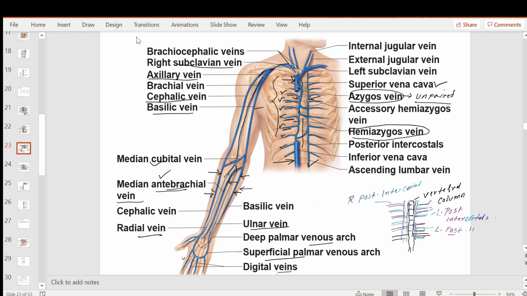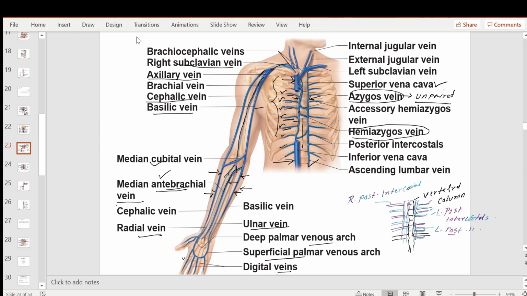So there are two hemiazygos and one azygos. Azygos is in the right side of the vertebral column, and hemiazygos are in the left side, and they receive blood from the intercostal veins.